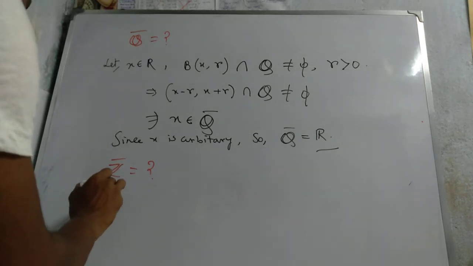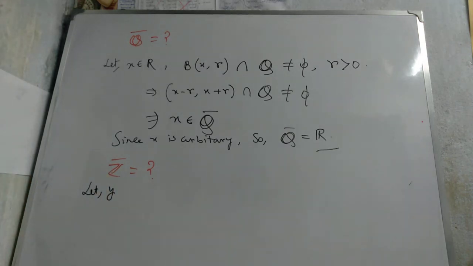Let y belong to R. Then this intersection with Z is not always nonempty, so that is not possible.